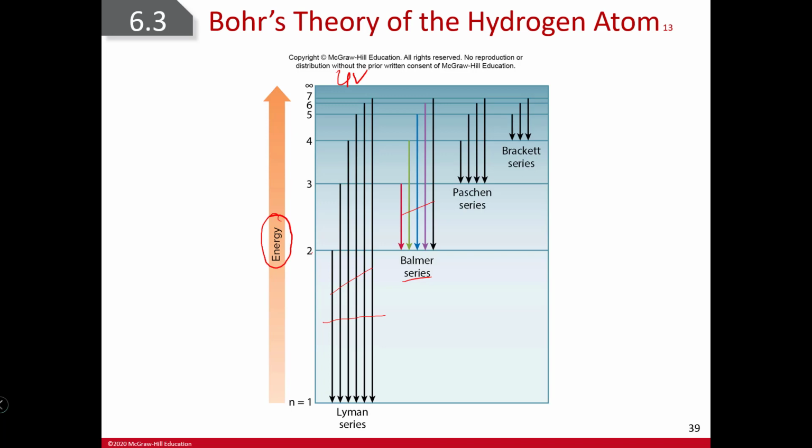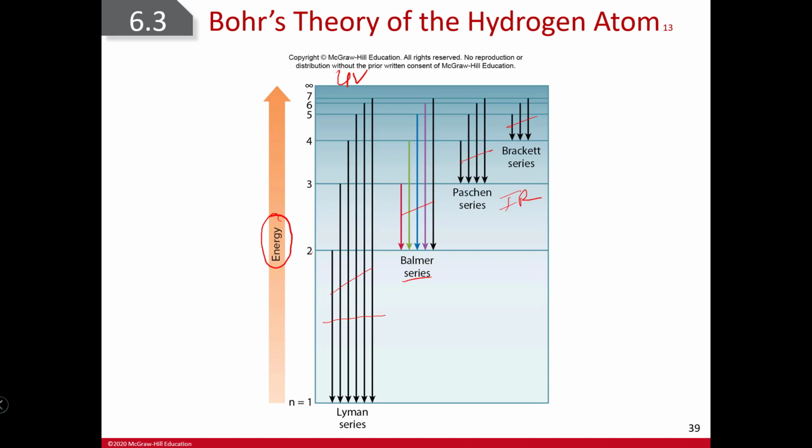And then these transitions are even less, and these are even less, and that's why these are in the infrared region. Less of an energy transition, less energy, lower frequency, longer wavelength.